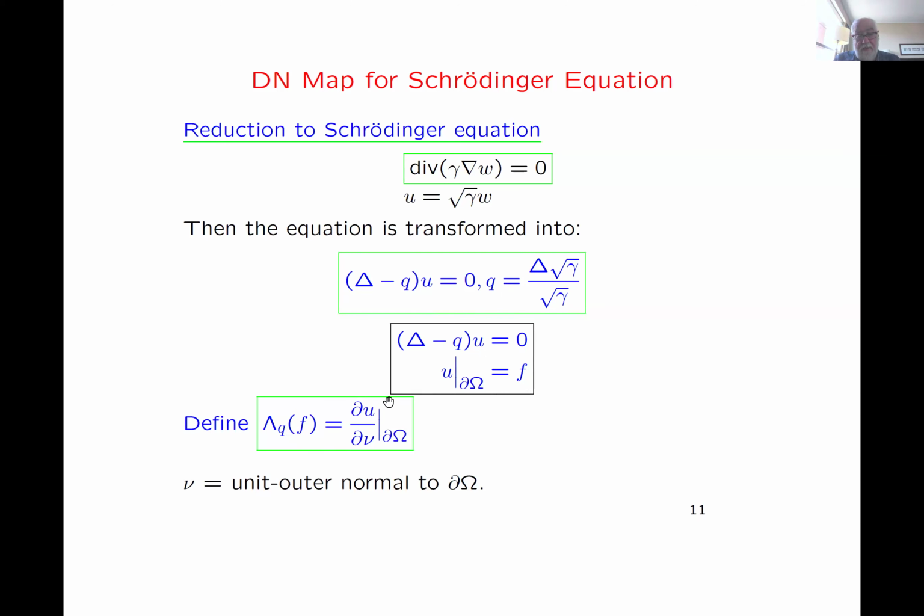One can define the Dirichlet-Neumann map in that case. And so this reduction from the conductivity to the potential involves already two derivatives of the conductivity, and that has been the main reason in dimension 3 or higher why some regularity has been imposed. The less regularity, the more singular the potential, and that leads to technical complications.